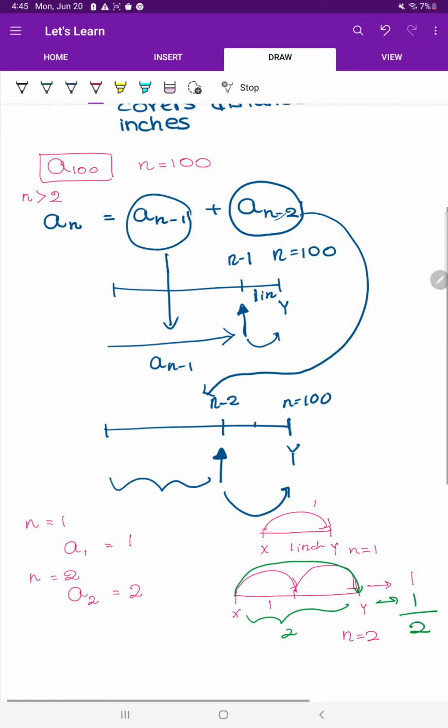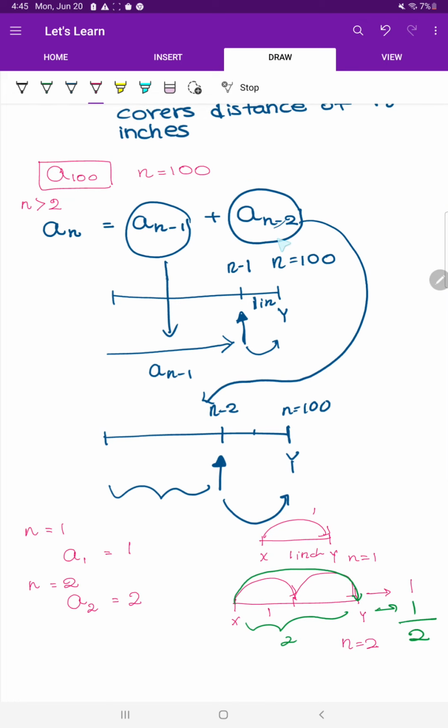Note that this is the recurrence relation for the Fibonacci sequence.